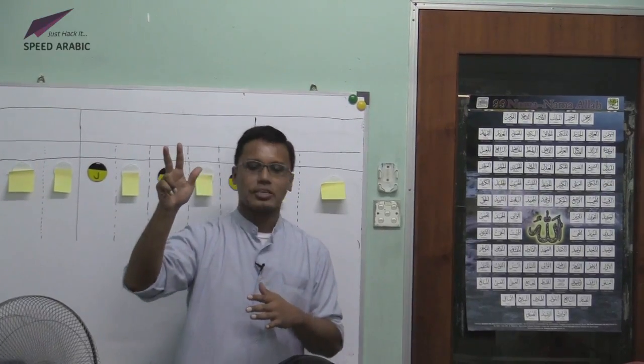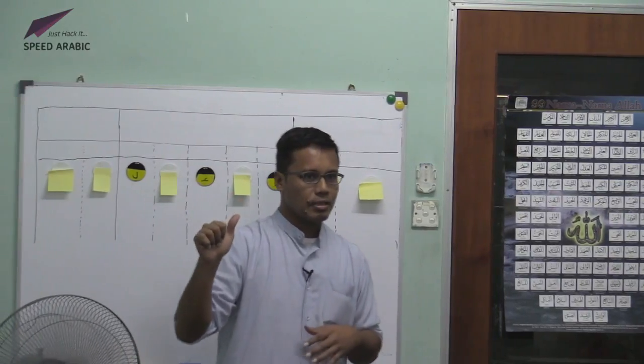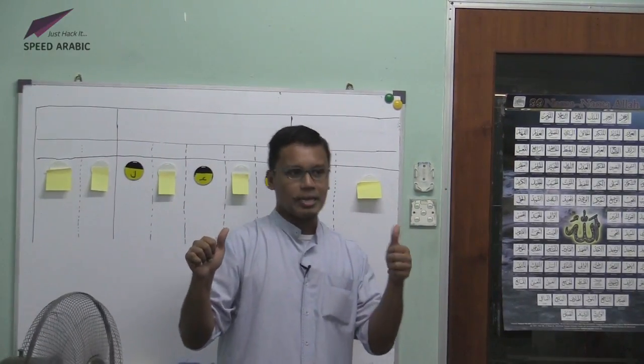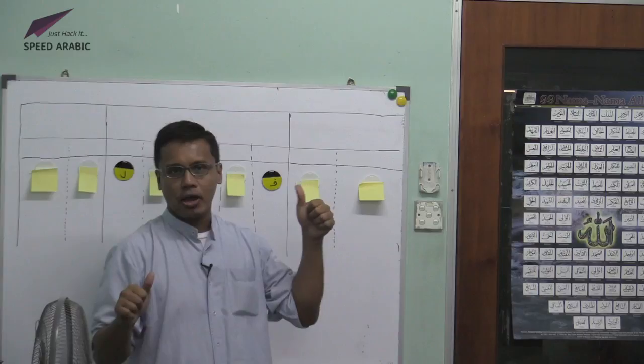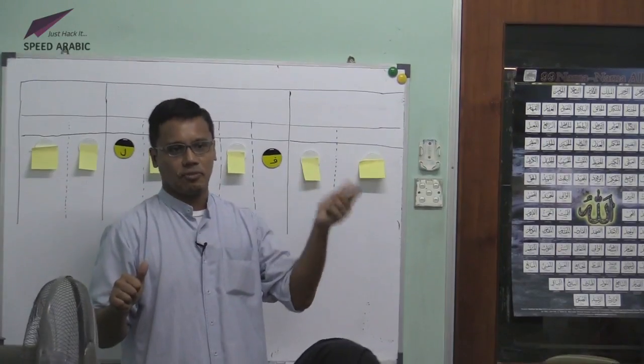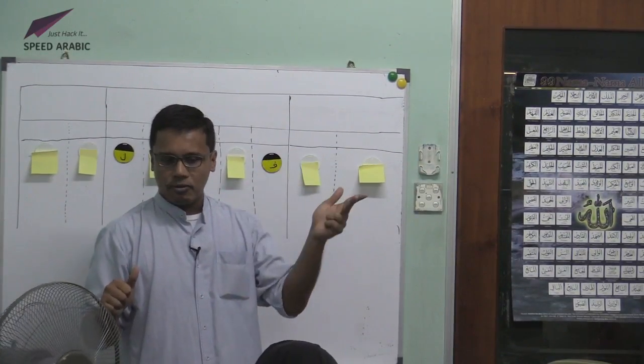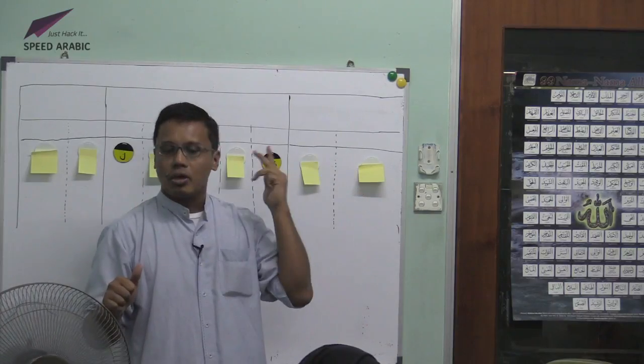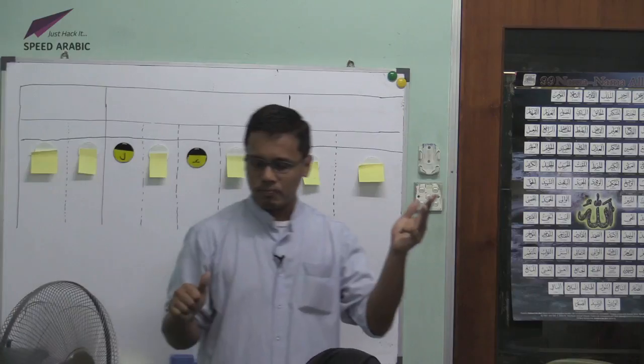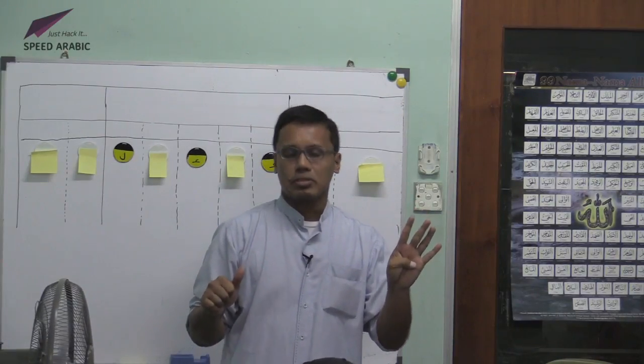Noun, verb, particles. So what are the indications of a noun? Nikmat. N for names, C for, K for, M for, A for, T for Tanween.